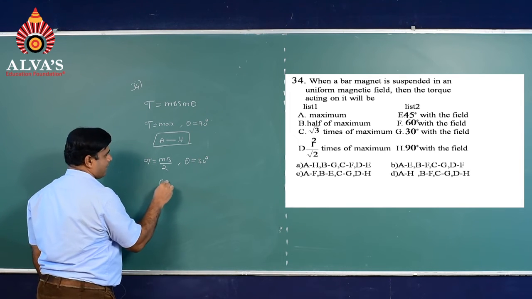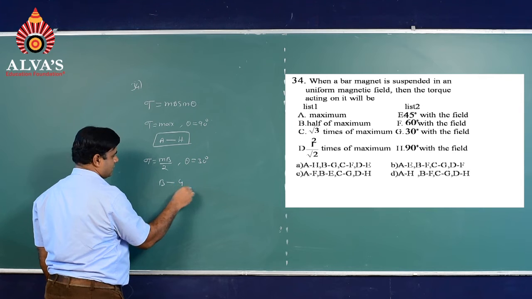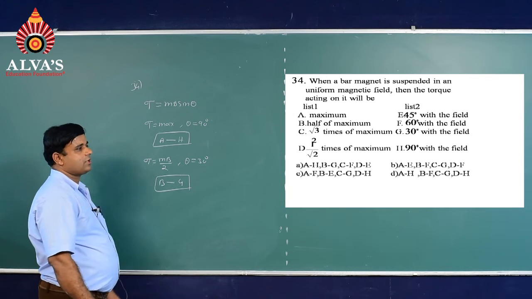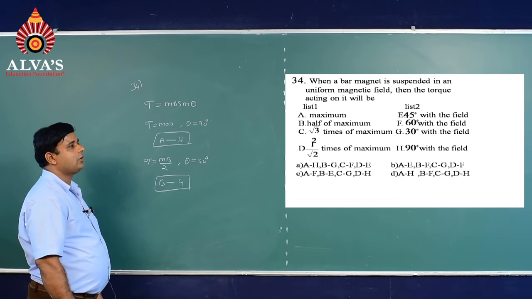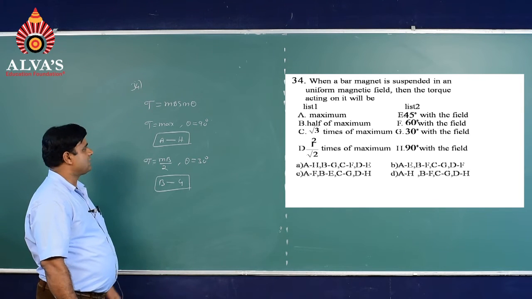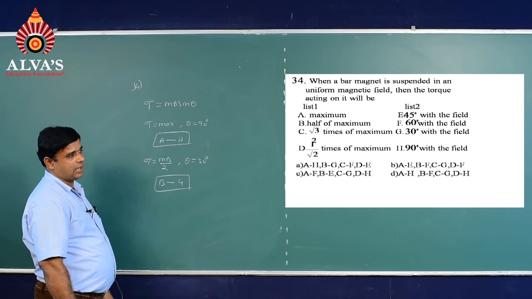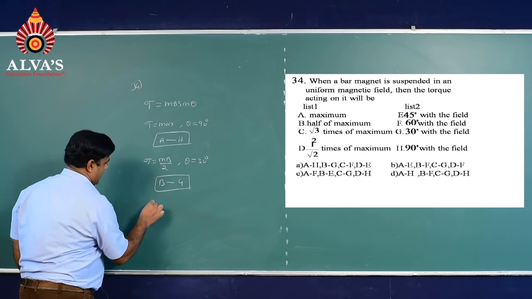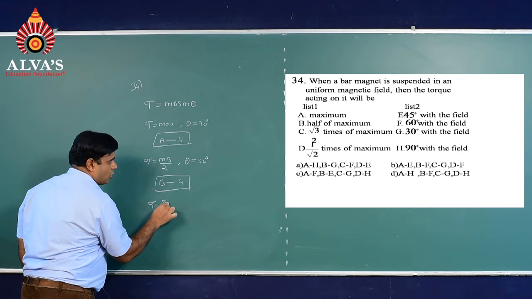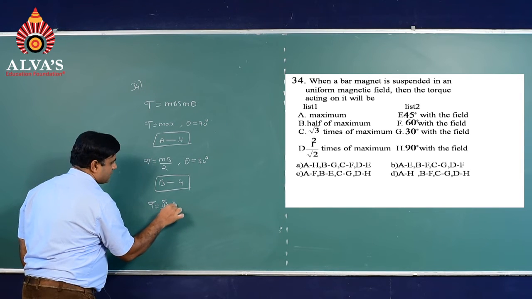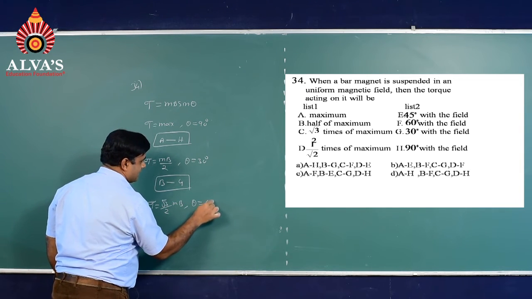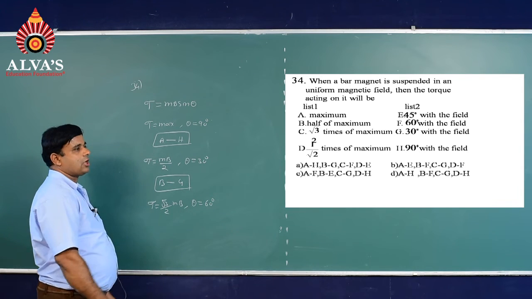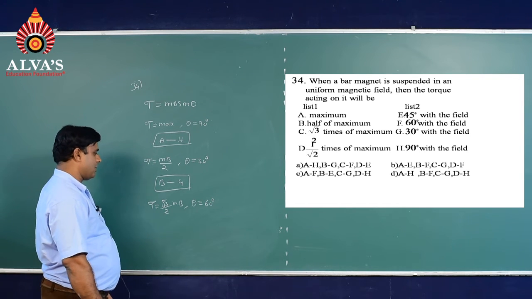Therefore, B goes to G. So, A goes to H, B goes to G. Root 3 by 2 times the maximum when sin theta is root 3 by 2, for which it should be 60 degrees. So, tau equals root 3 by 2 times mB when theta equals 60 degrees, because sin 60 equals root 3 by 2.